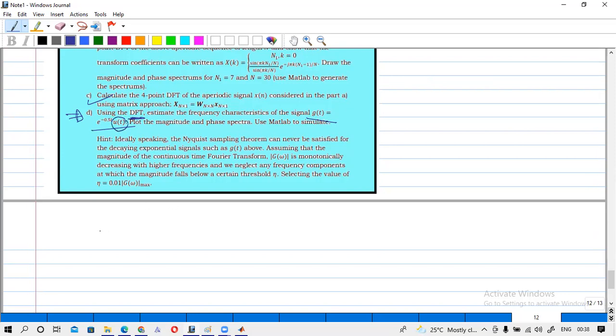So we have a continuous function e to the power minus t. So how is it?